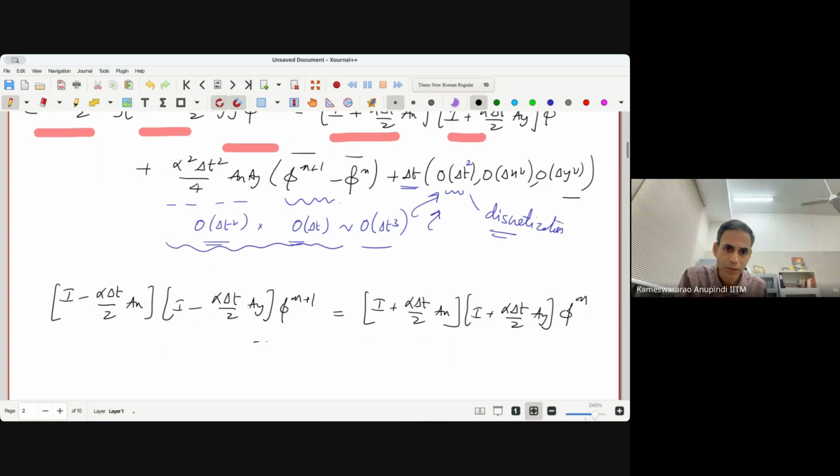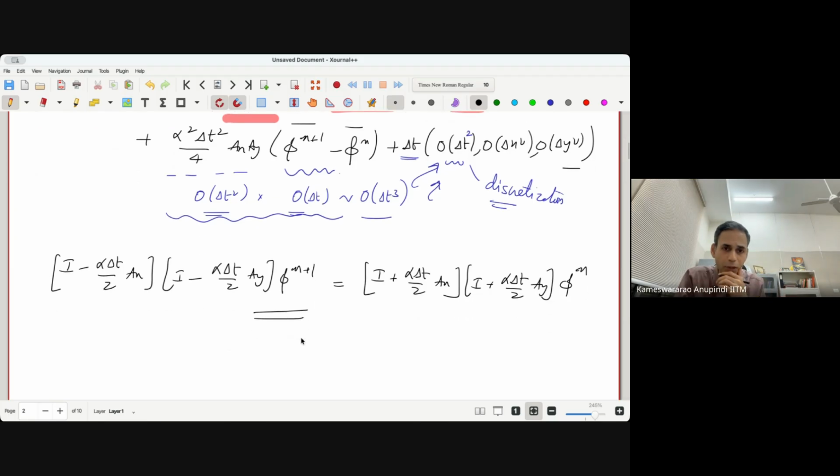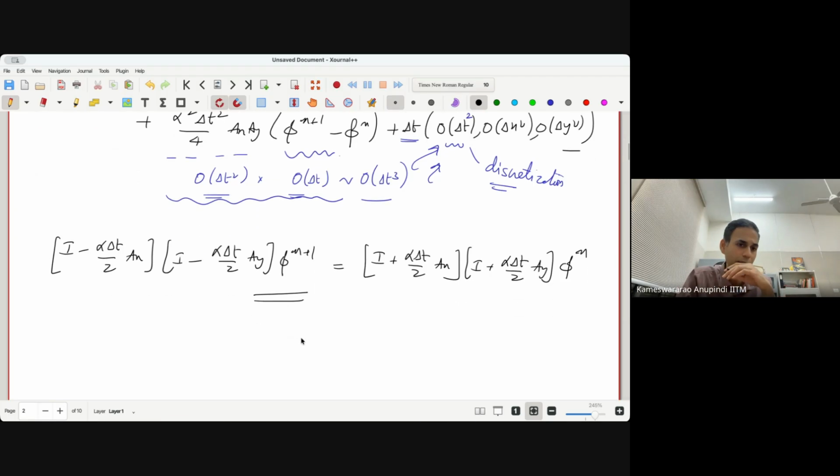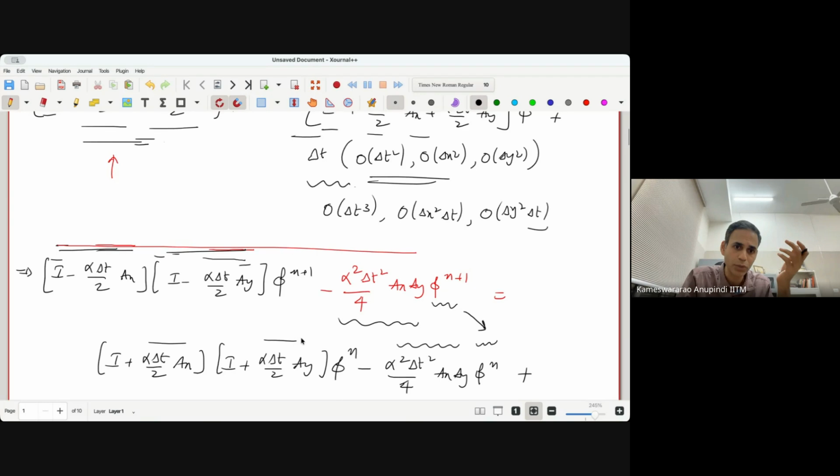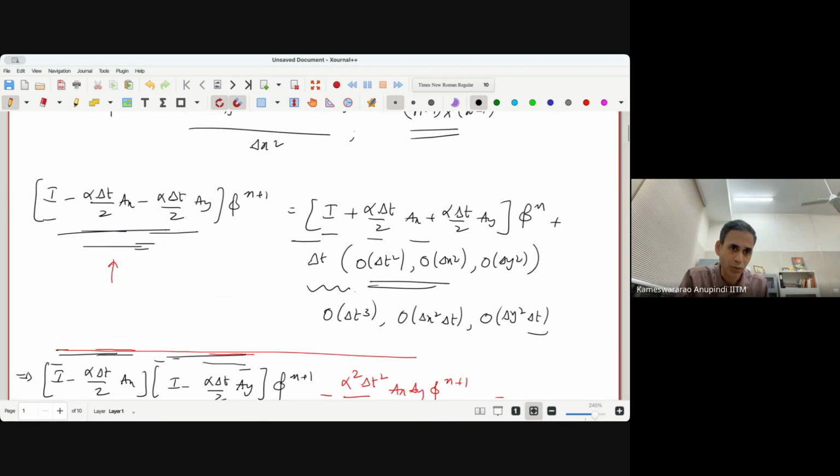So this is the problem we have recast into. This is the approximate factorization. Now, it is not very clear from this statement how it is actually better than the previous statement we have written, which was this, right? So how is this better?